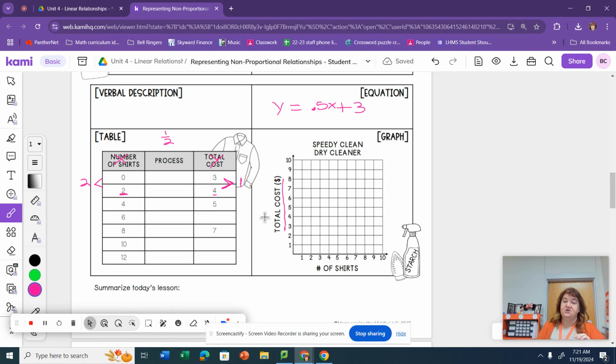Now, a verbal description would be Speedy Clean Dry Cleaner charges $3 plus 50 cents per shirt, because this says number of shirts. Okay? So $3 plus 50 cents per shirt. That would be our verbal description.